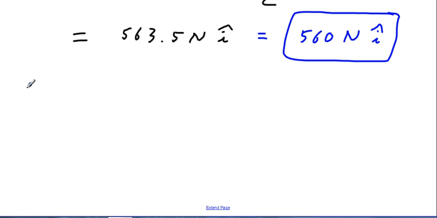I still have to find the force on the minus 85 microcoulomb charge. Now these are going to be attractive forces. So I'm going to attract it, but it's going to be in the minus direction, is it not?